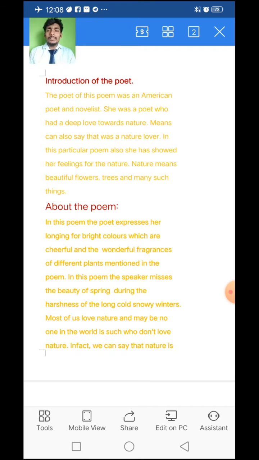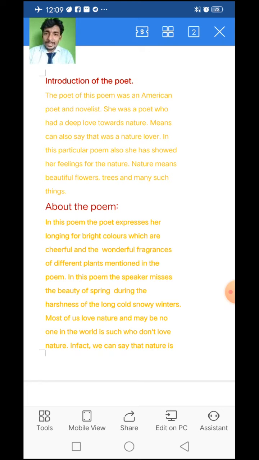We all know how harsh the winter season is for us, for common people who live in India. The climate we suffer in a state like Bihar is very harsh. And in this type of climate, the poet simply misses the beautiful sceneries of the spring season, where plants blossom beautifully and it looks colorful everywhere.